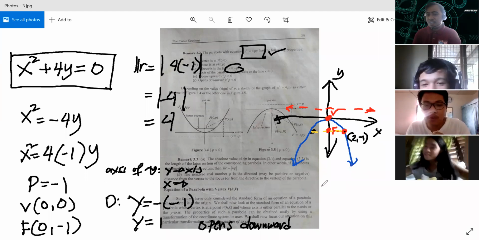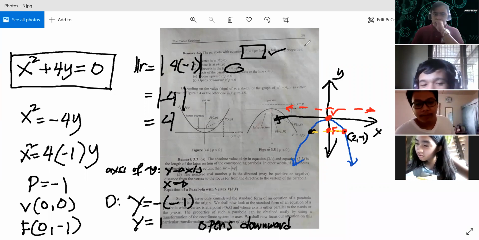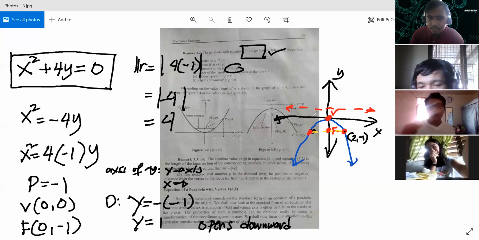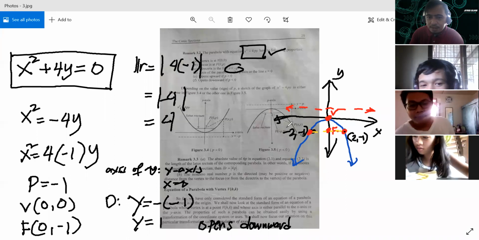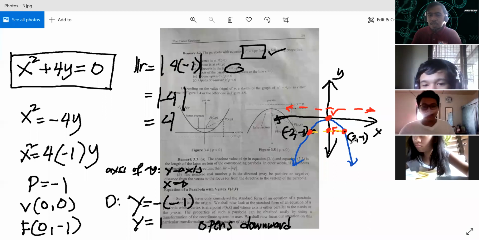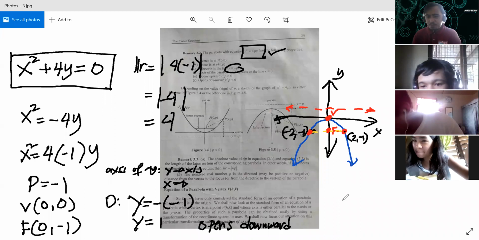Positive or negative 2 and negative 1, sir. The negative 2 goes here and the positive 2 goes here. So this point, your x here is negative 2 and your y is negative 1. Clear? So positive or negative 2, then negative 1. These are the endpoints of your latus rectum.